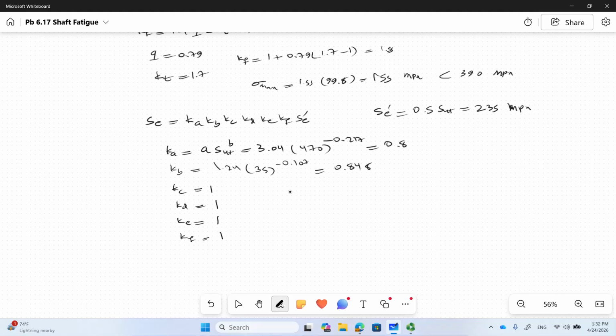So then Se will be Ka, Kb, then Kc, Kd, Ke, Kf, all of them 1, then Se prime. If you calculate this, you're going to find Se of 159 megapascal.